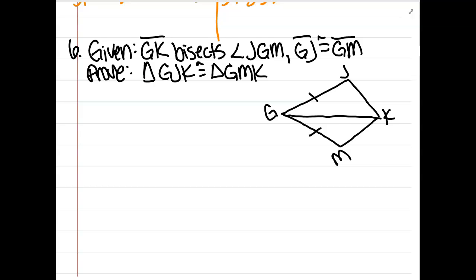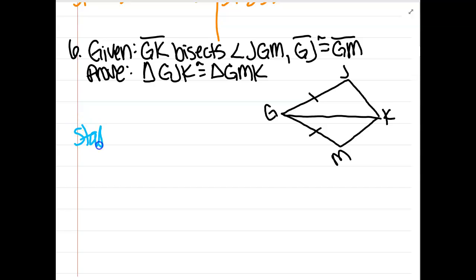What does bisects mean? I guess I'll start there. It splits it evenly in half. So this big angle is now in two equal parts. So what do you know about these two angles? They're congruent, okay? So we are going to have to state that because it's given, but we have to say, okay, because of that, these angles are congruent. But what I have is a side and an angle. Can I prove that that side is congruent? Yeah.